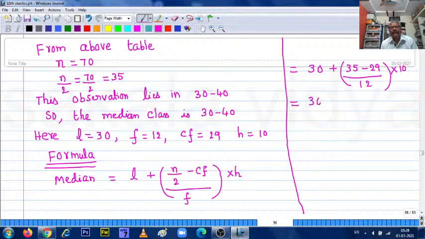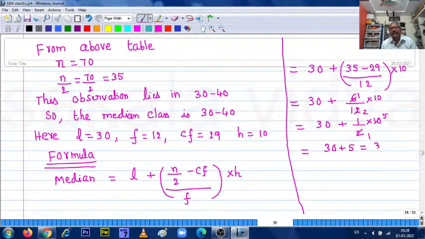So 30 plus 35 minus 29 is 6 upon 12 into 10. This is 30 plus 1 upon 2 into 10, that is 30 plus 5, that is 35. Hence median equal to 35.